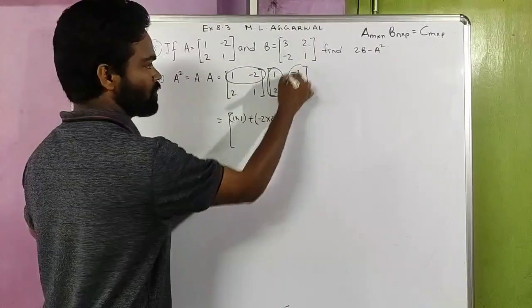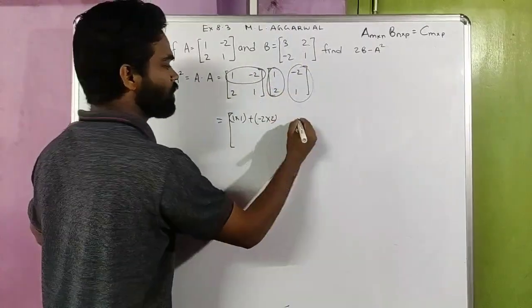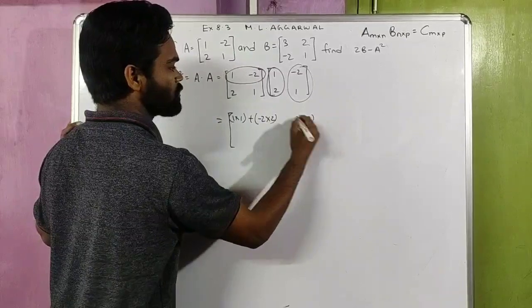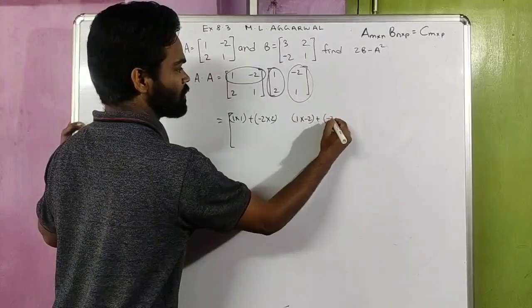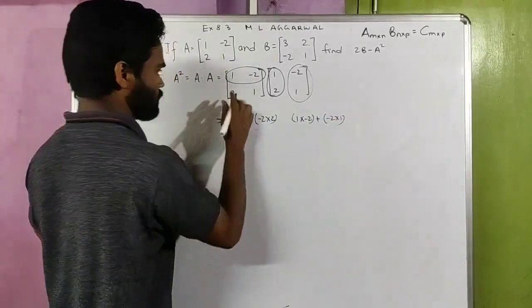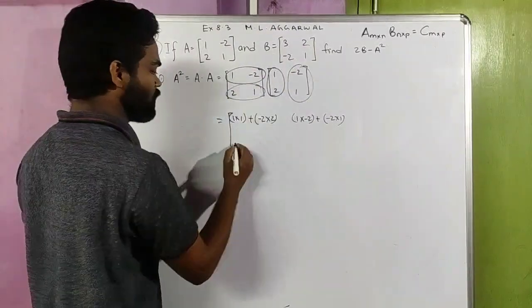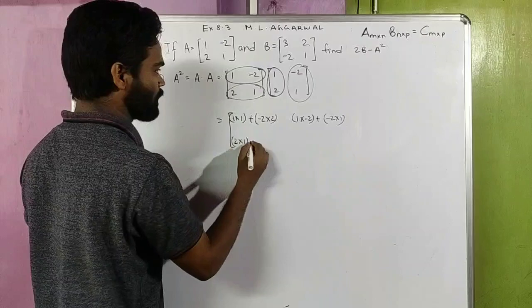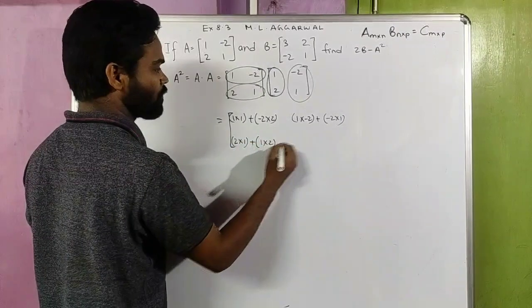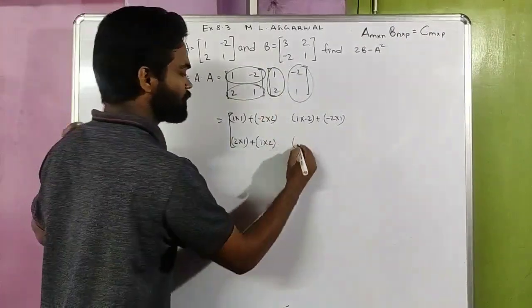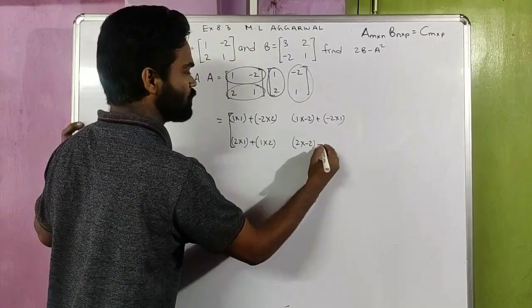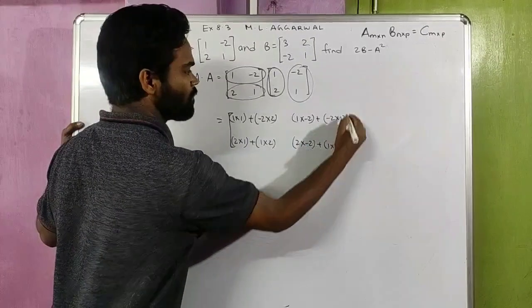Then first row, second column comes over here: 1 cross minus 2 plus minus 2 cross 1. Then over here, second row, first column, that's 2 cross 1 plus 1 cross 2. Over here, second row, second column, that's 2 cross minus 2 plus 1 cross 1.